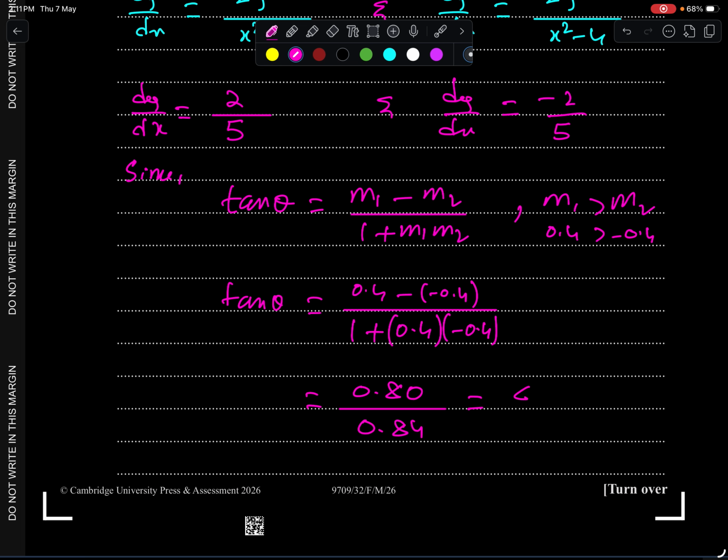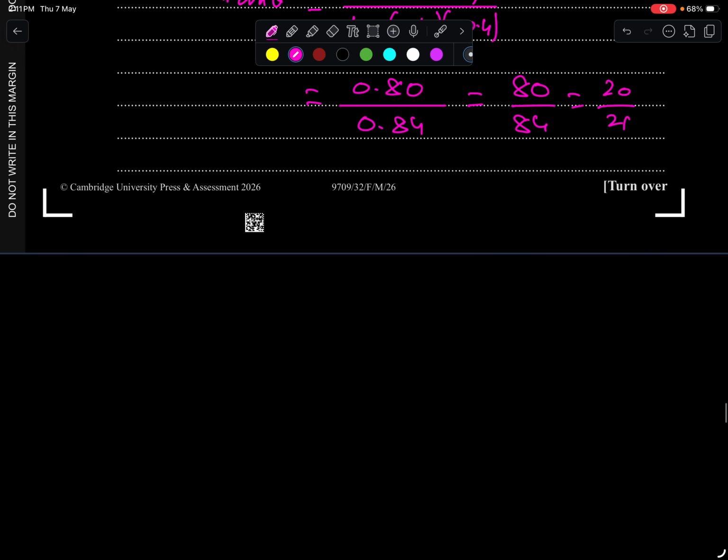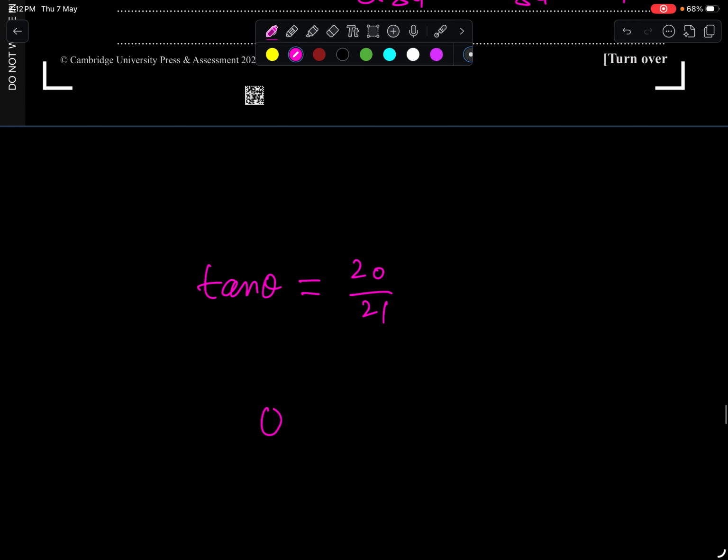So we can write this as 80 upon 84, which is 20 upon 21. So we have tan theta equals 20 upon 21, right? Now we need inverse of tan. Tan inverse 20 upon 21.